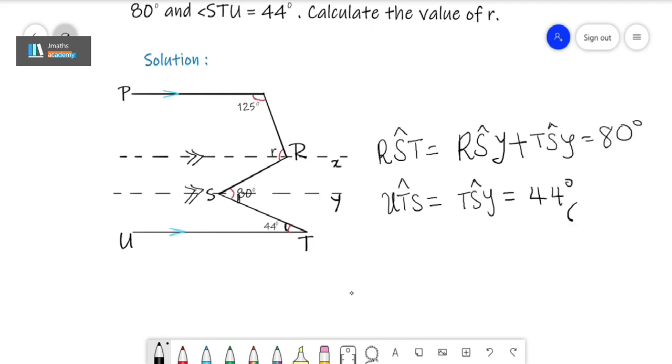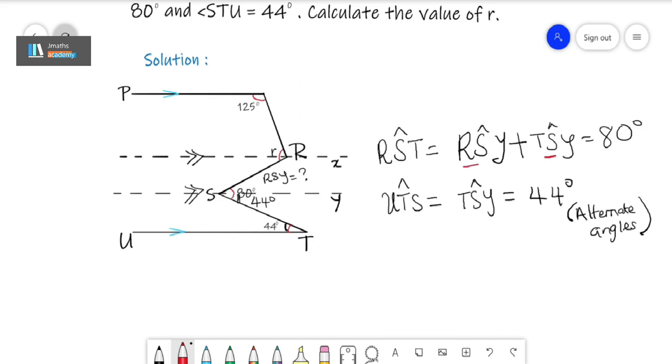We can write a little comment here: alternate angles. So now we've succeeded in figuring out the angle TSY.